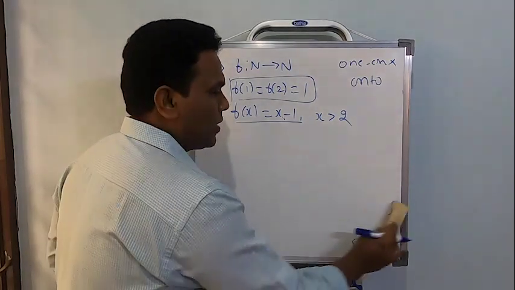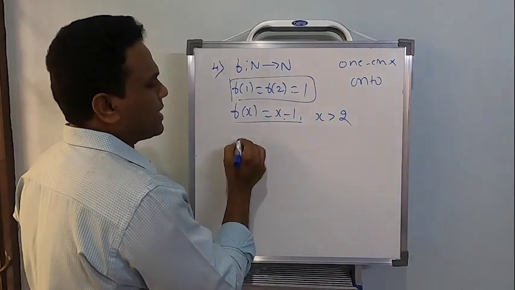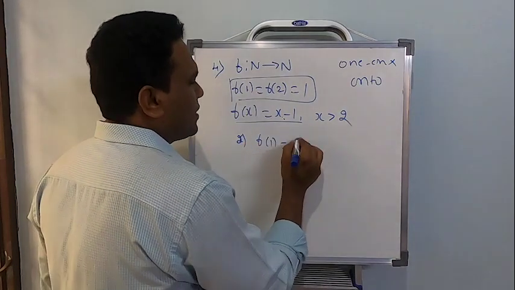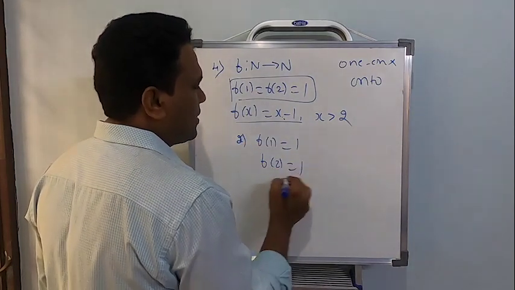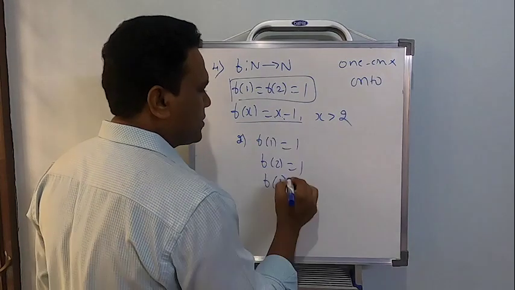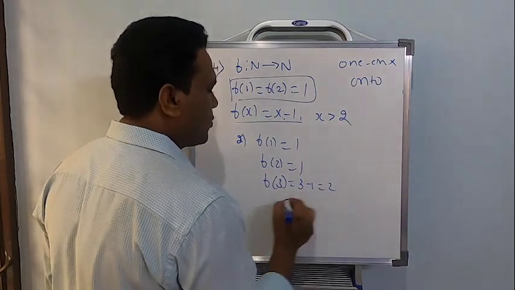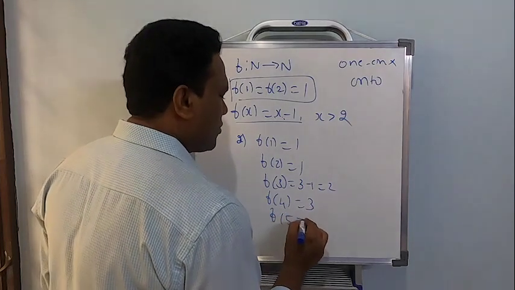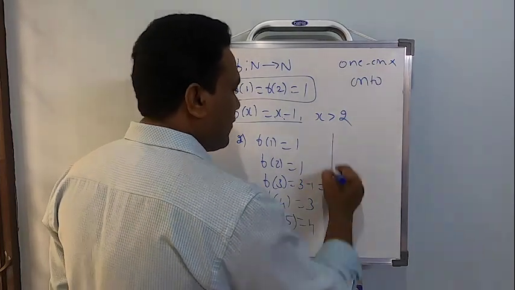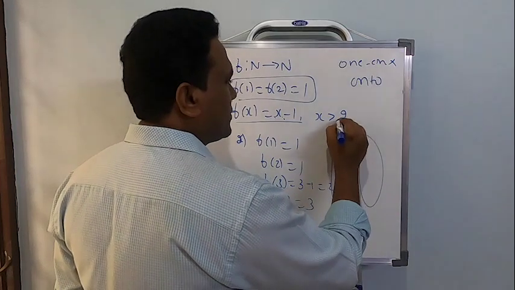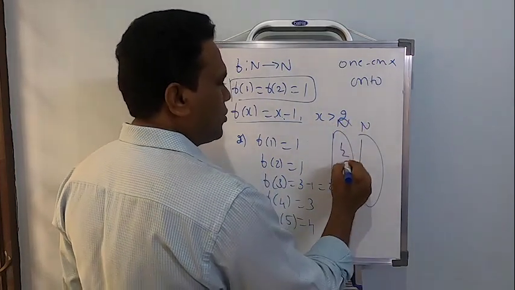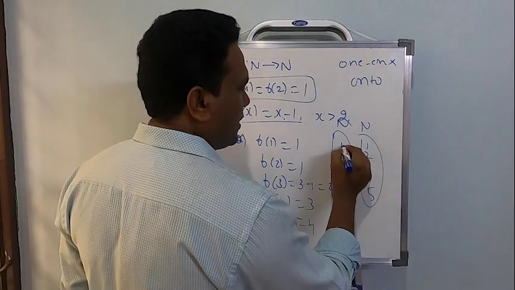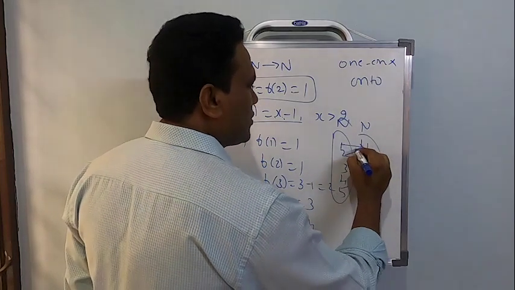Now how about working with the examples method? The second method is, you can notice f of 1 is 1, f of 2 is 1, f of 3, if I use this, 3 minus 1 is equal to 2, f of 4 is equal to 3, f of 5 is equal to 4. If I am writing the diagram, natural numbers 1, 2, 3, 4, 5 and 1, 2, 3, 4, 5, image of 1 is 1, image of 2 is also 1.